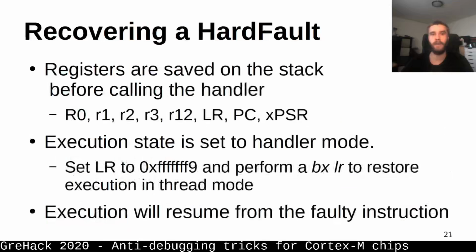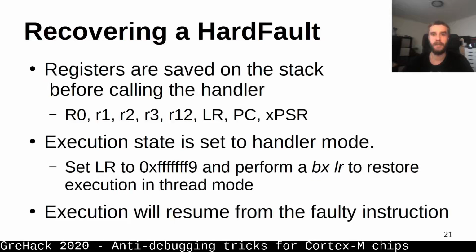Now we have two problems with this technique. The first one is that all the saved registers when entering the fault handler are relative to the breakpoint instruction. So if we want to exit the handler, we need to update the saved PC to point to the next instruction.